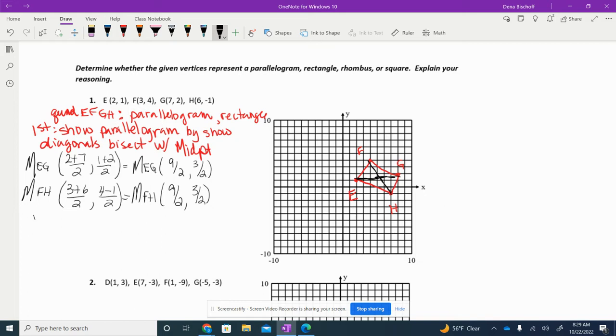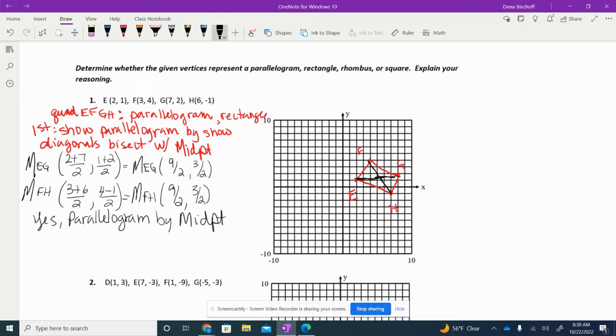So yes, this is a parallelogram by the midpoint theorem. You can actually just say by midpoint, we're not going to call them theorems.